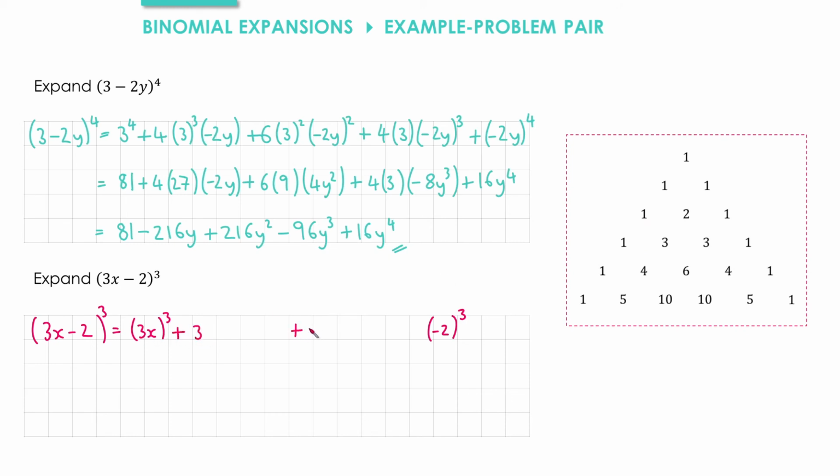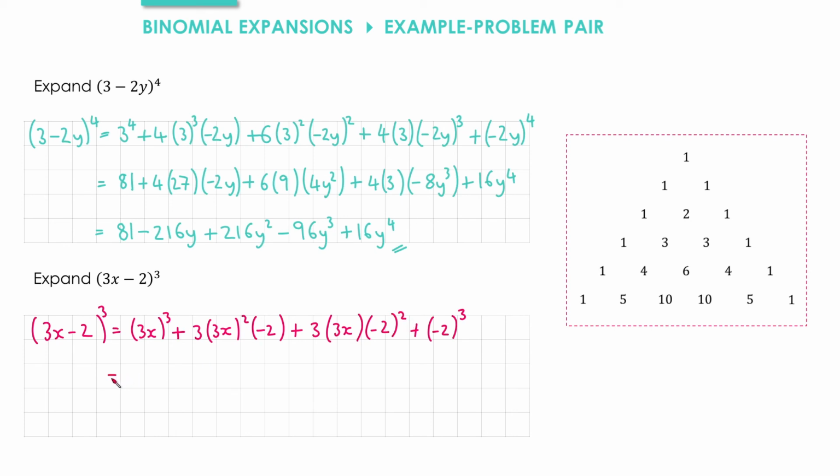Then we'll do the powers of the first term, 3x. So we've got (3x) squared and (3x) to the power of 1. Then we'll do increasing powers of negative 2. We want a (negative 2) in here, and then a (negative 2) squared.